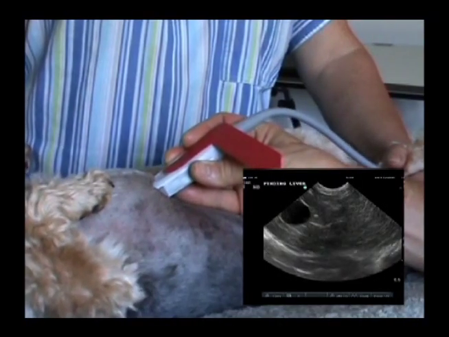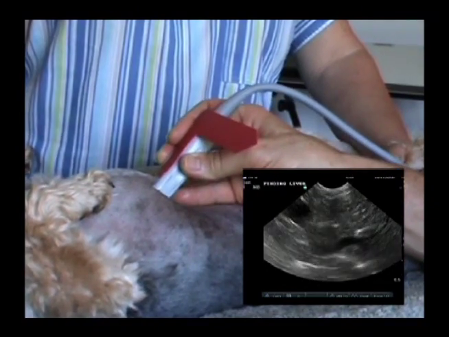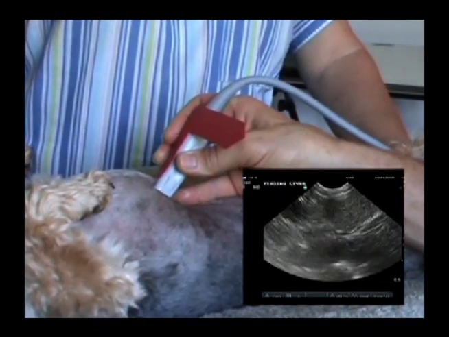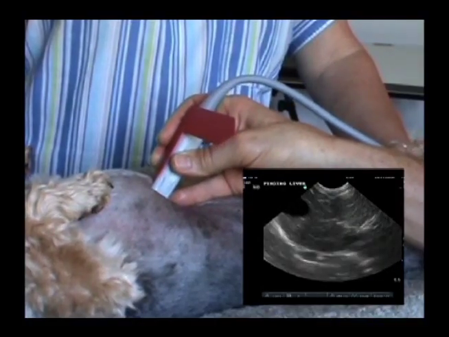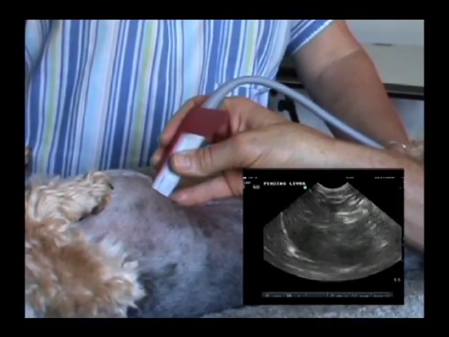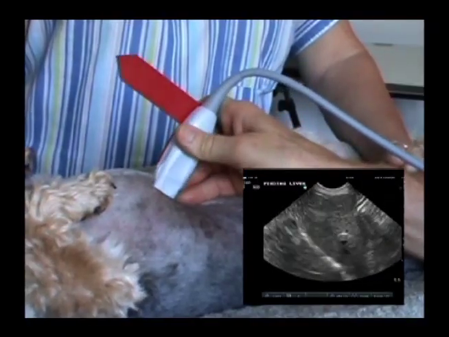Then reverse directions and fan as far caudally as you can. When finished, rotate the transducer back to a sagittal position.